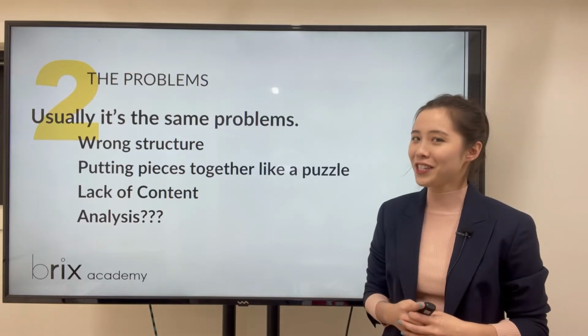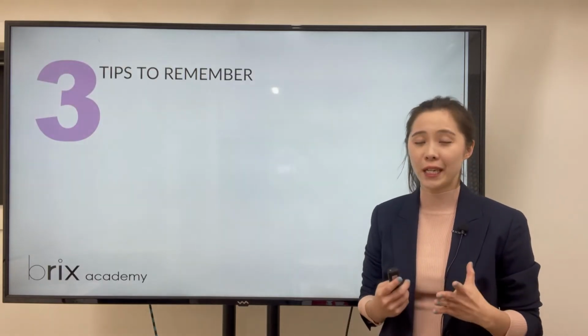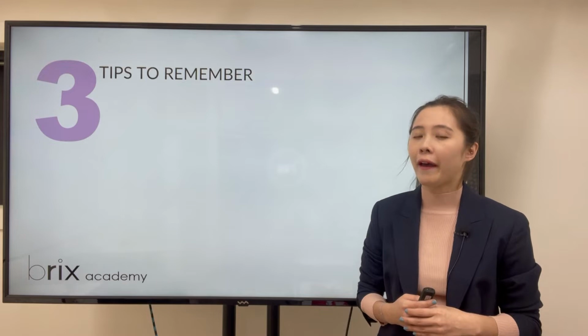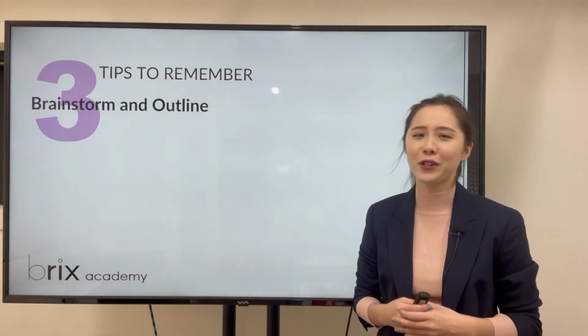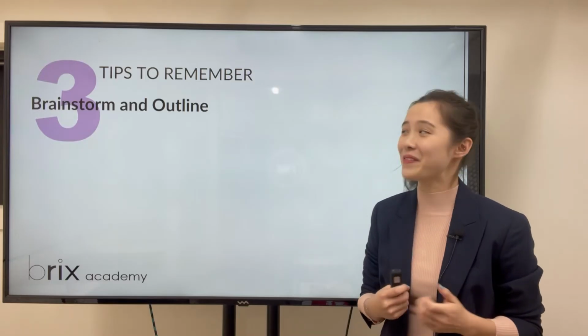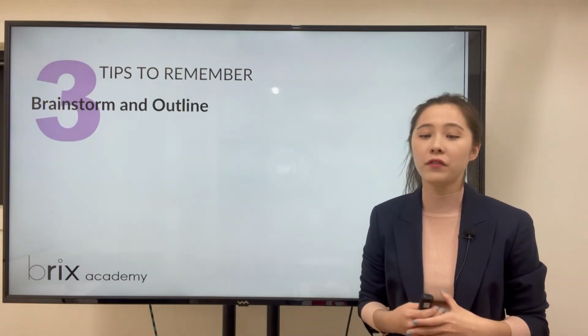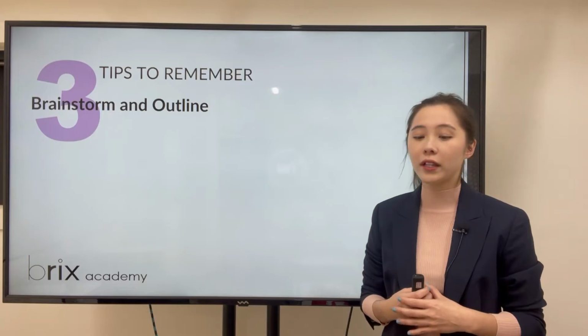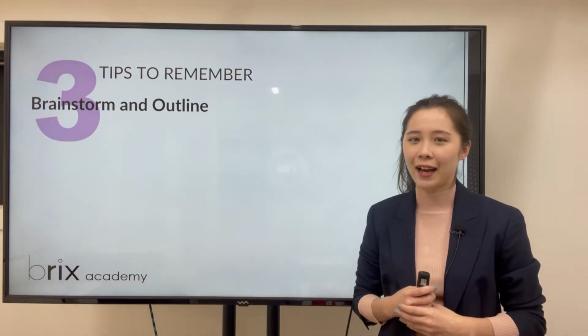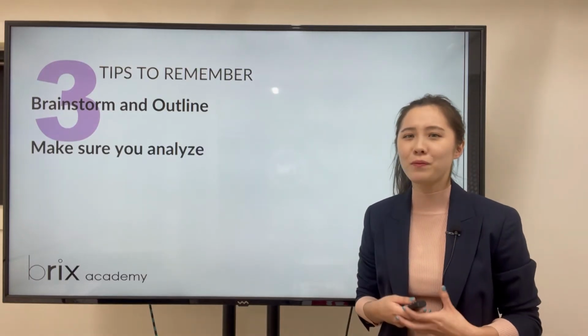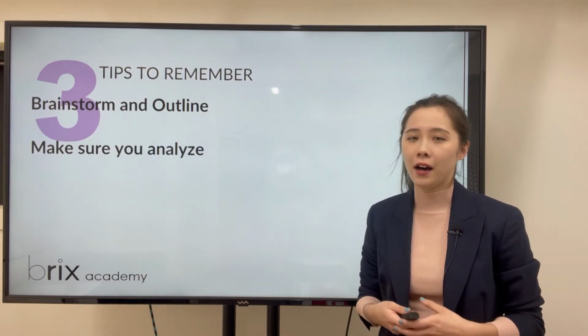I wanted to share a couple of tips with you guys to remember as you're writing. The first one seems redundant, and I know your teachers probably tell you this, but it is important: please brainstorm and outline. If you take the time, this will ensure good content and structure, so you won't lose points there. The second tip is to make sure you analyze.